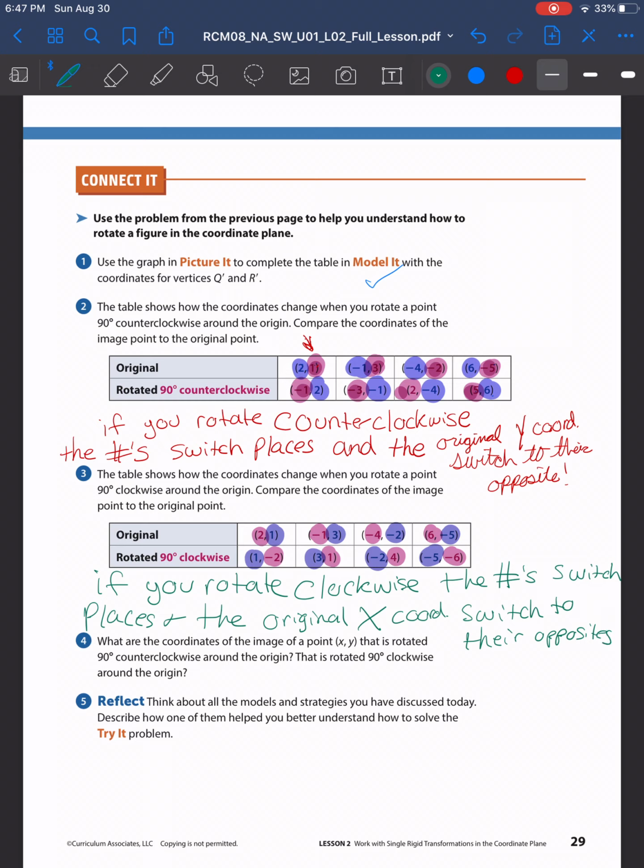That is such a fun little pattern we noticed. I guess the hardest part of this pattern is remembering. Counterclockwise means Y's switch to their opposites. Clockwise means the X's switch to their opposites, okay?